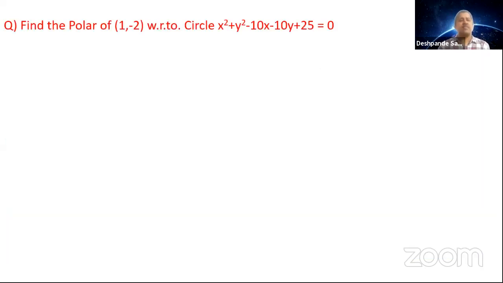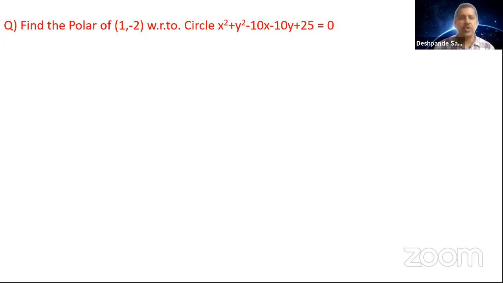So let us take one simple problem here. Find the polar of the point (1, -2) with respect to the circle whose equation is given as x square plus y square minus 10x minus 10y plus 25 is equal to 0. The problem should be simple because the circle equation and the point are given.